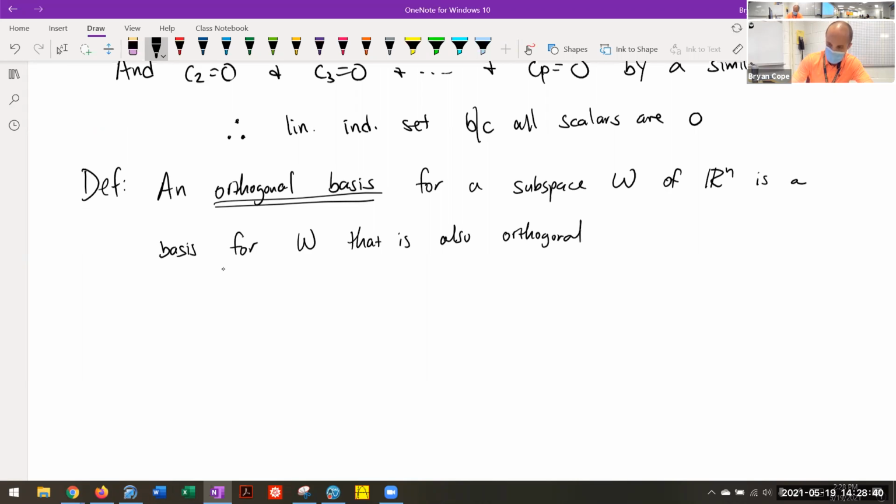Sounds kind of trivial, doesn't it? It's kind of dumb to say, because every single orthogonal set is a basis for something, because every orthogonal set is linearly independent.